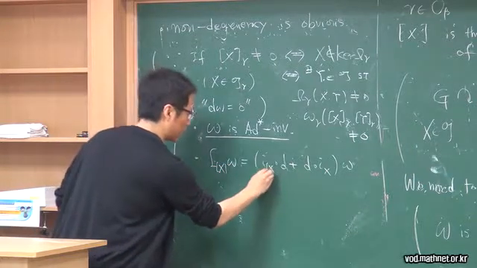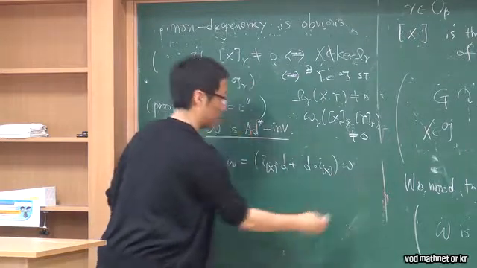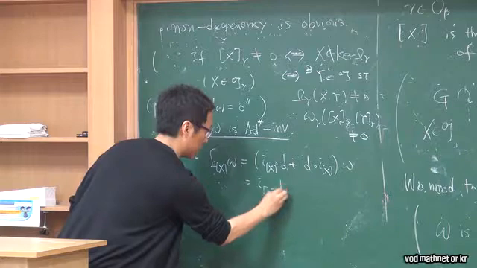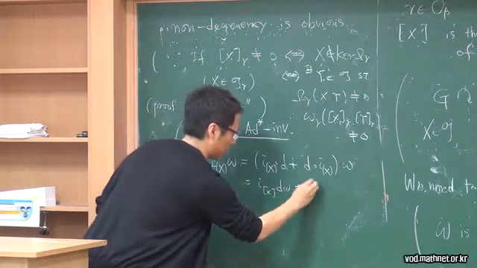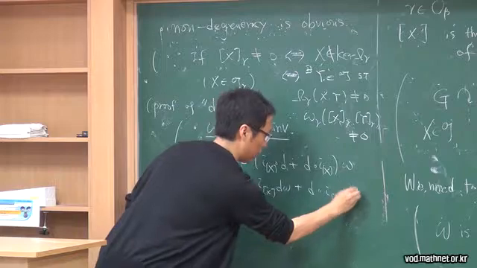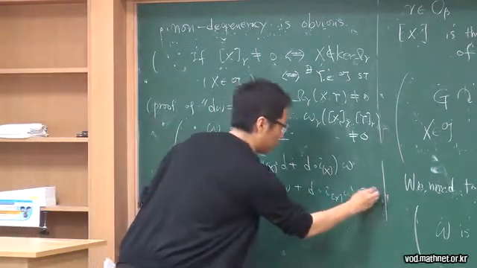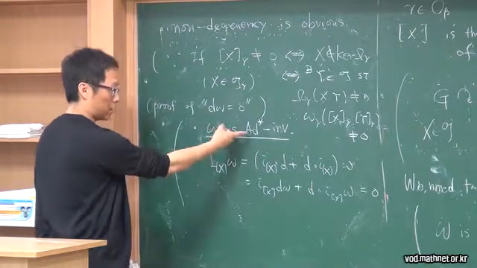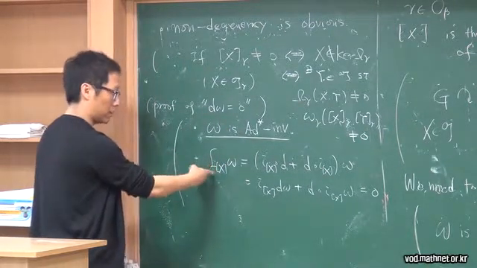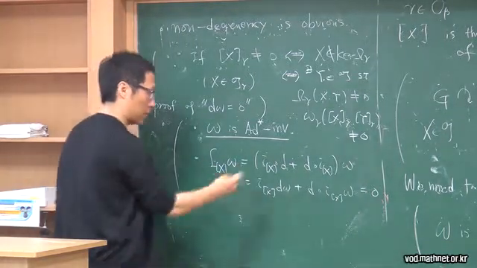Actually we take a fundamental vector field here, then i_x d omega plus d i_x omega must be 0 because omega is invariant under this action. So every directional derivative of omega with respect to a fundamental vector field must vanish.